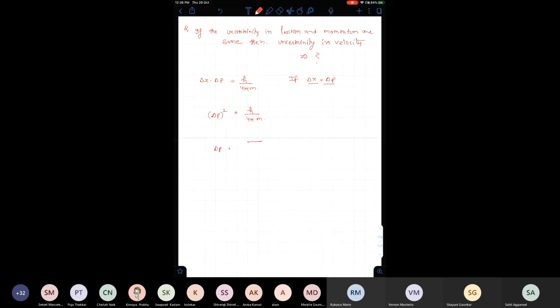Delta p will be equal to square root of h upon 4 pi m. So it will come out to be 1 upon 2 into root of h upon pi m. This will be the answer.